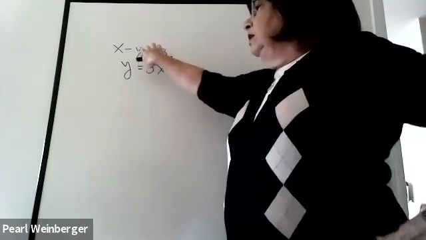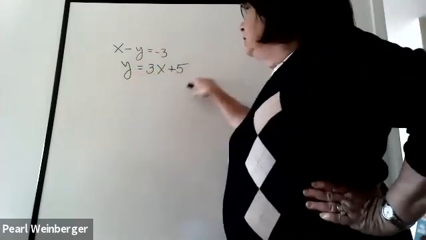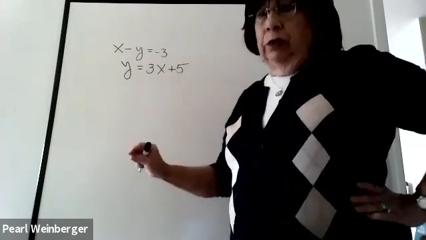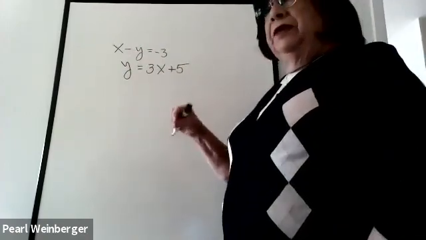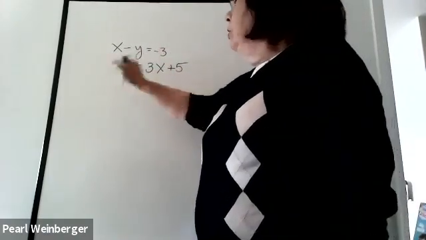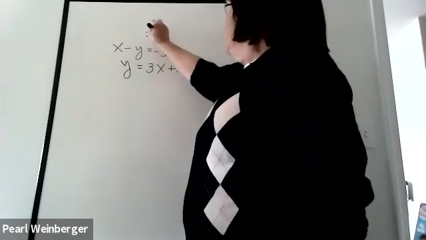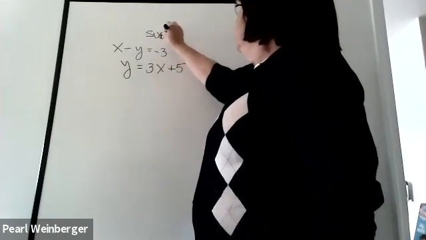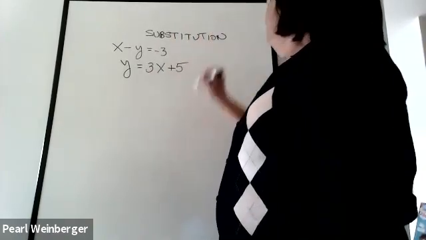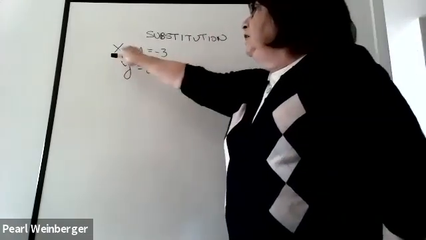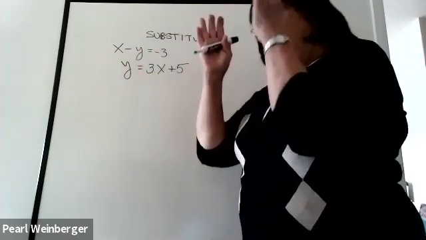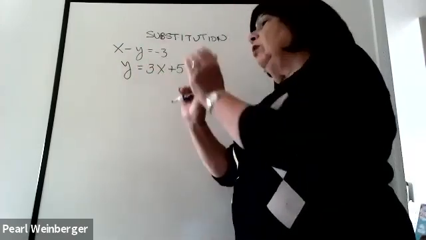afterwards. I'll show you that that's an alternate method for doing this problem. But in order to use the elimination method, I would have to do something with the second equation because it's not in standard form. But there is a method that we can use that is called the substitution method. Which is a very useful method when we're given one of the equations, it doesn't matter which one, in the format y equals something or x equals something.